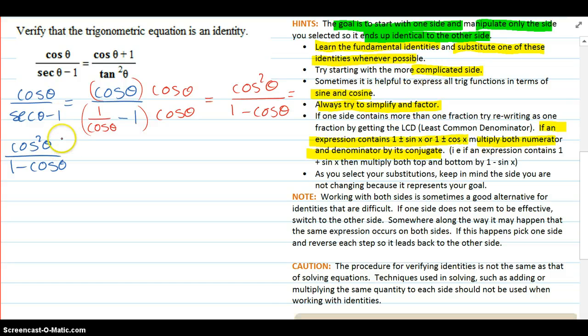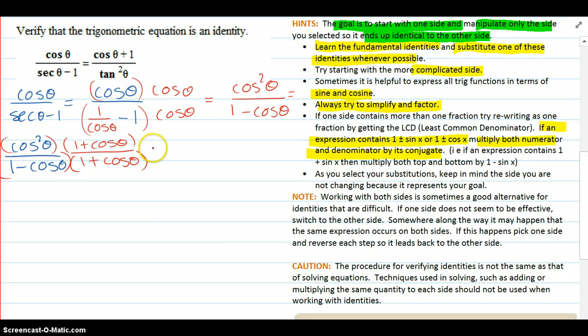I'm just rewriting the problem, and then I'm going to multiply top and bottom by 1 plus cosine, because that's the conjugate of the denominator. If you remember what conjugate means, it means the same two terms, but instead of a minus, it's a plus. And if it was a plus, you multiply by a minus.